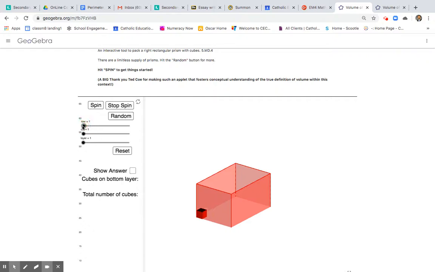So the question is, how many cubes would make the bottom floor of this rectangular prism? Well, that's just an area question, isn't it? It's the 9 multiplied by the 6, which gives us 54.